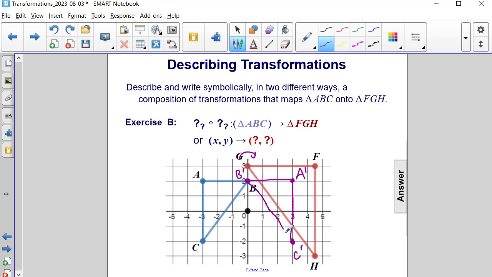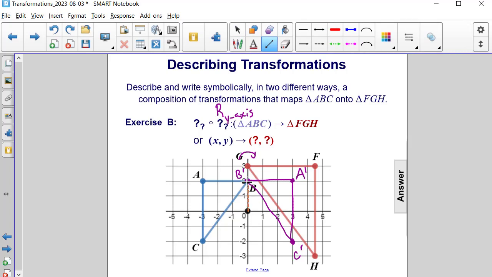So we know that our first transformation has to go second, because the circle symbol, or the little o symbol, stands for after. So we're doing something after a reflection across the y-axis. And since triangle FGH is bigger than triangle A prime, B prime, C prime, we have to enlarge it, or dilate it, with a scale factor that is greater than 1.